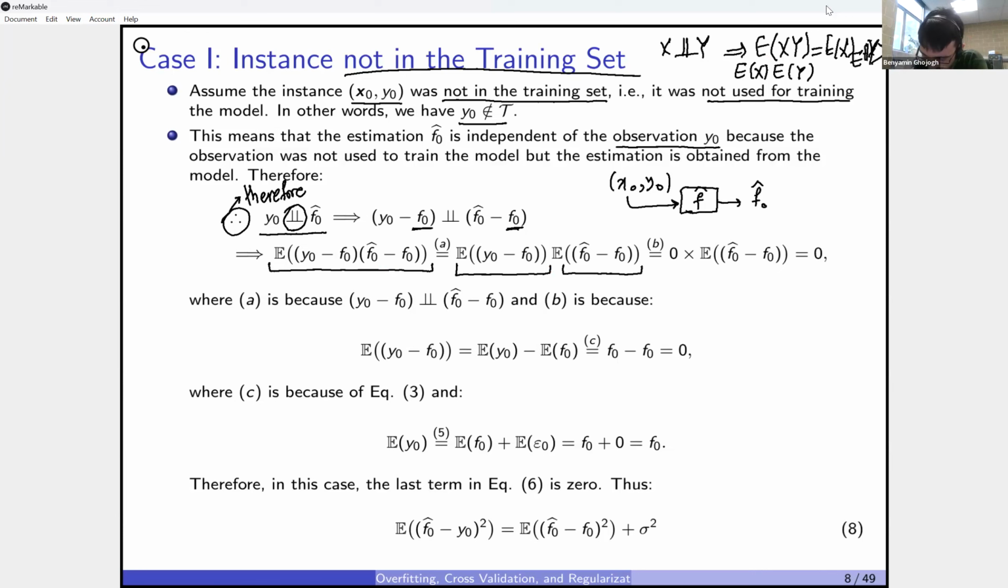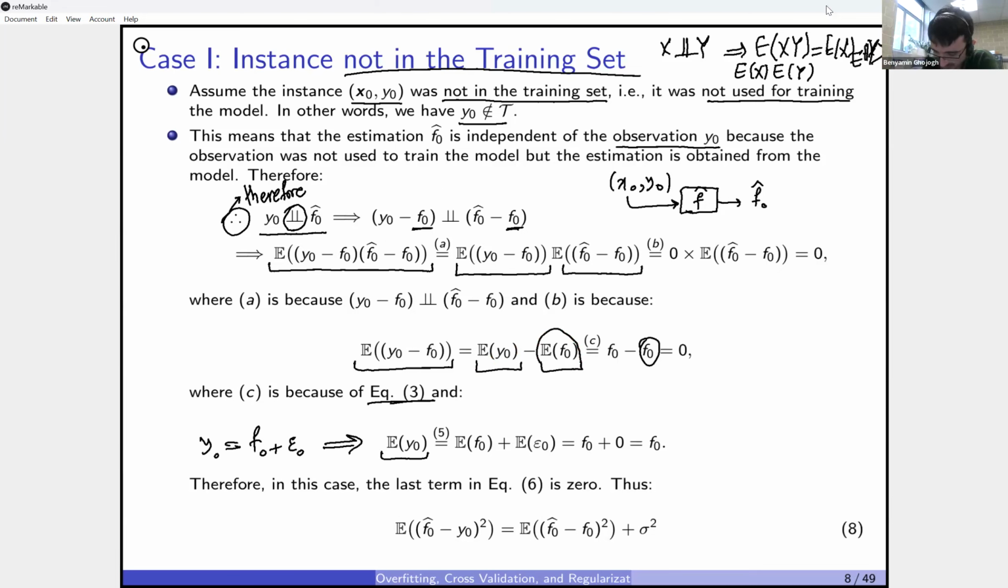Now let's look at this term, expectation of y0 minus f0. As expectation is a linear operator, I can write it as expectation of y0 minus expectation of f0. Is that correct? We know f0 is not a random variable, so I can write the second term, expectation of f0, as f0. What about the first term, expectation of y0? What was y0? Equation 3. It was f0 plus some noise epsilon 0.